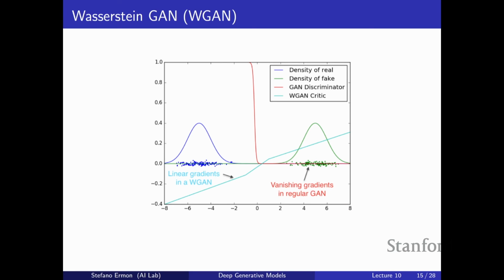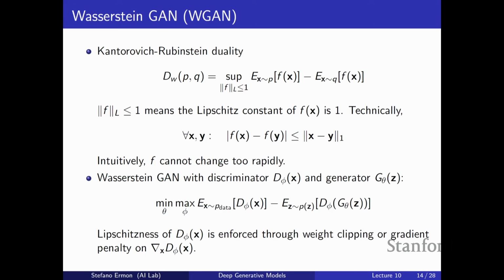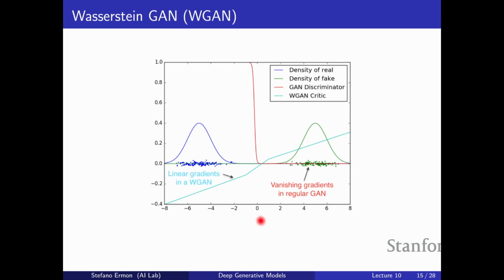You're trying to make it fake, so you would still push towards the left. And from the perspective of the W-GAN, you would still try to minimize this expression that you have inside. And so again, you would push the points to the left because this light blue curve goes down. And so I think it's just that it's plotting probability of fake instead of probability of real. So that's why it's going in the wrong direction.